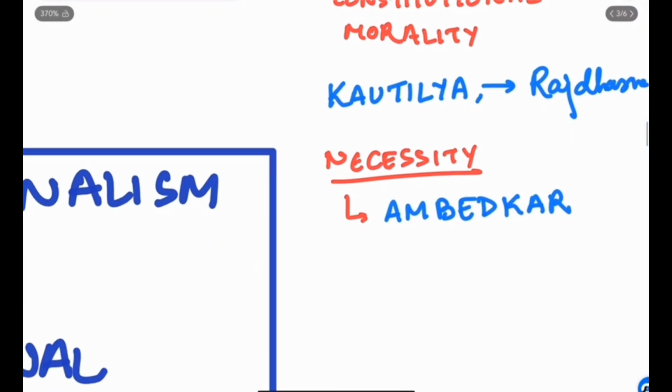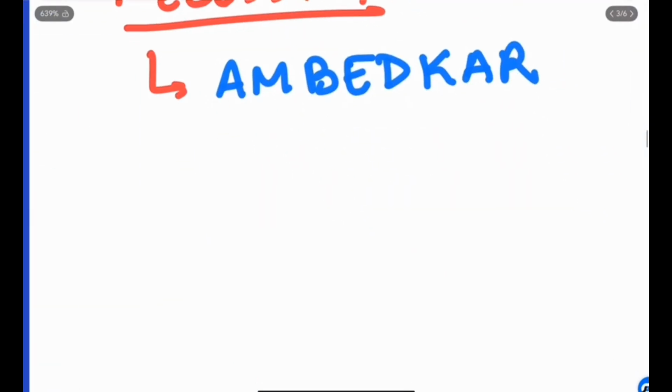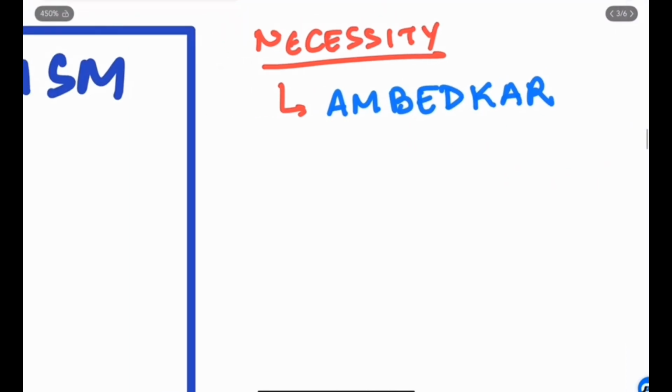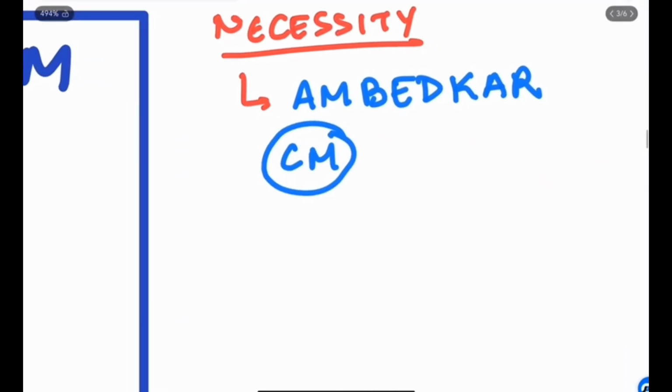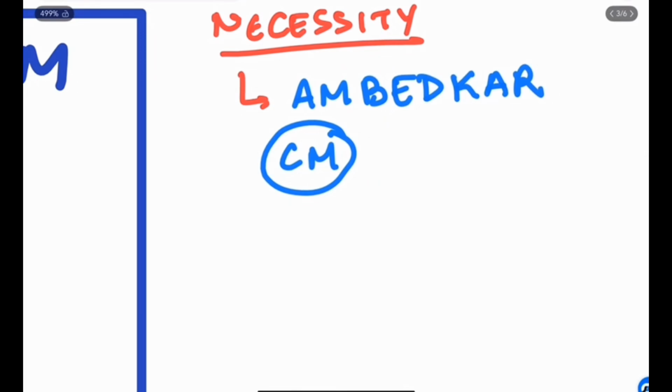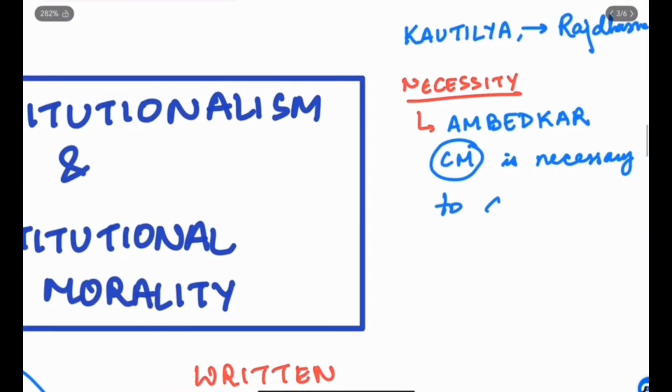He says it is essential. Constitutional morality, I will write CM for constitutional morality from now on, is necessary to stand against grammar of anarchy. And what is grammar of anarchy?